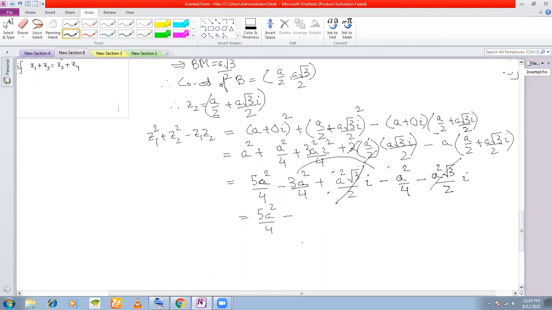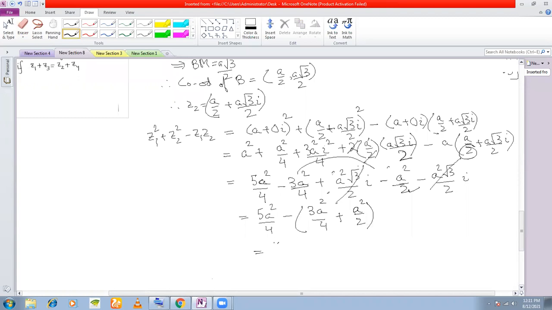So again, this and this cancel. So what you get here is minus 3a square by 4 plus, this should be a square by 2, not 4, because I have a 2 here only. This 2 comes here. So plus a square by 2.